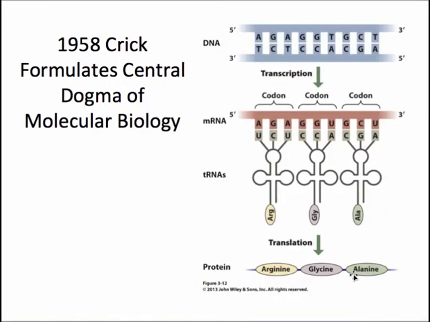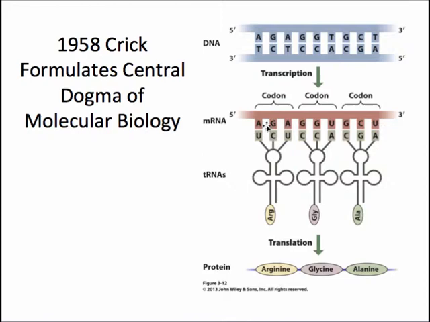So then in 1958, Crick came along and wrote The Central Dogma of Molecular Biology, and we still stick to this today. This is what most people are familiar with, and we introduce it in all beginning biology classes. Now we know that DNA is the hereditary information that is passed on through generations of cells, and that from this DNA we make an RNA template that's brought out into the cytoplasm of the cell.